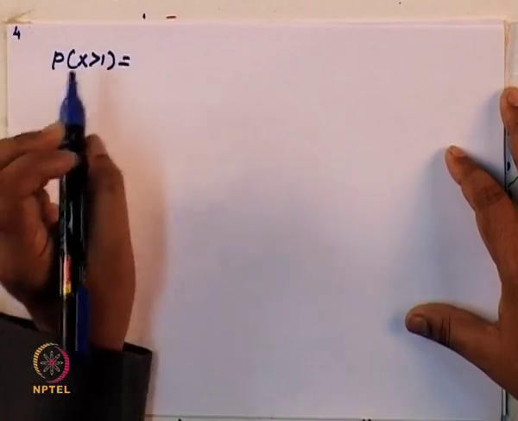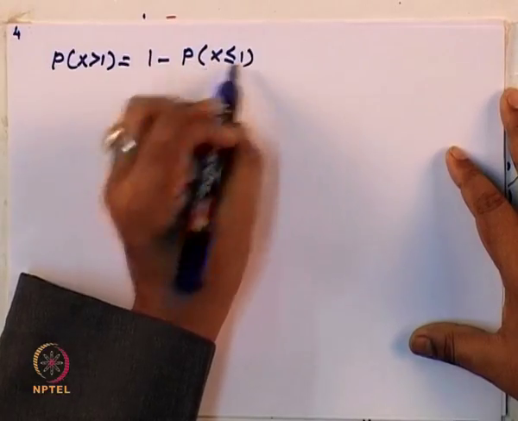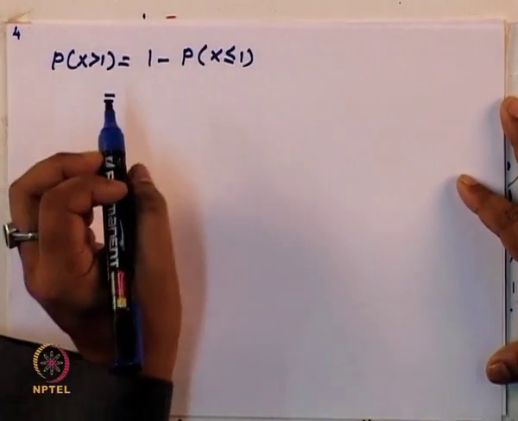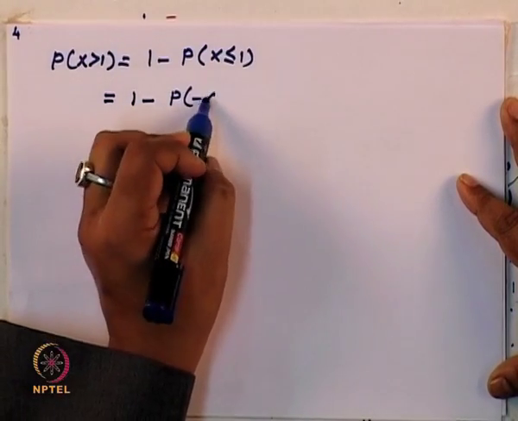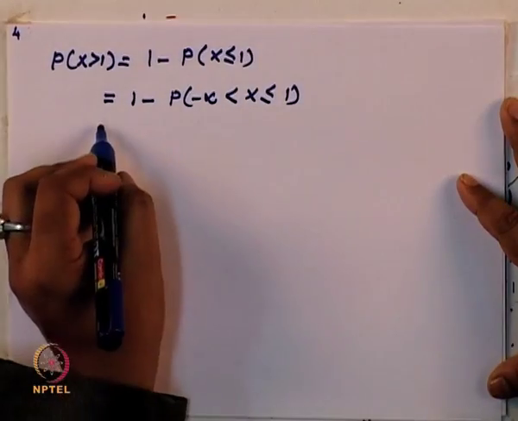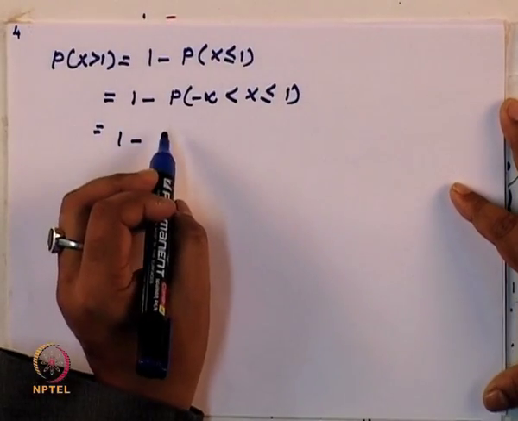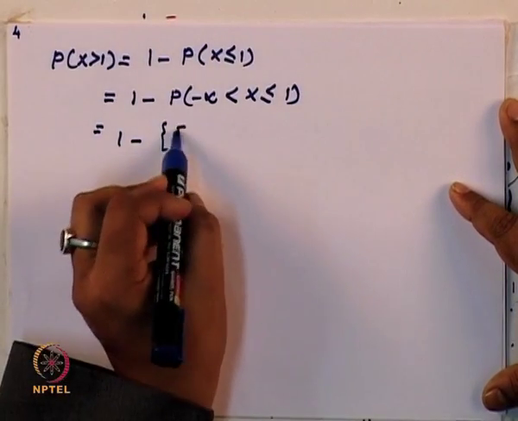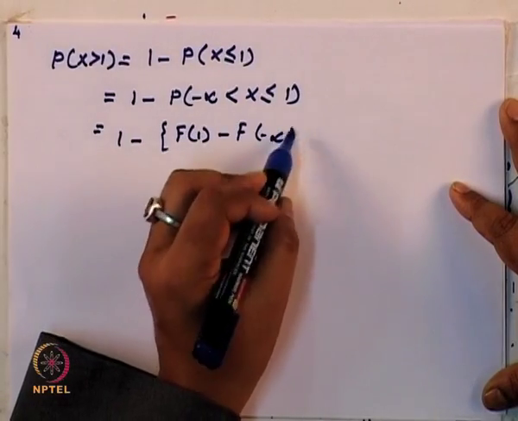Probability of x greater than 1 is 1 minus probability of x less than or equal to 1. Okay, so this is simply f of 1 minus f of minus infinity.